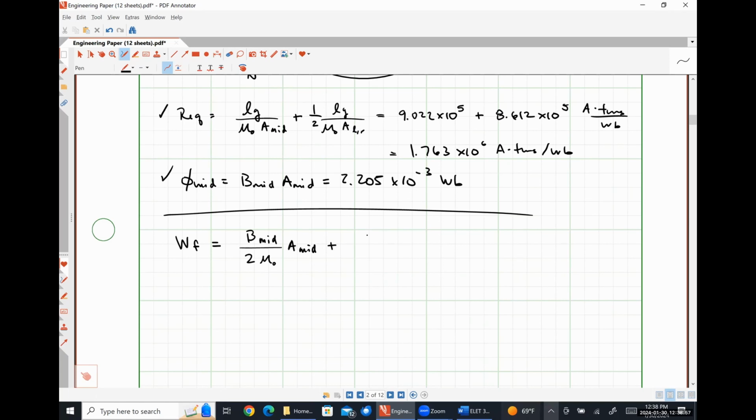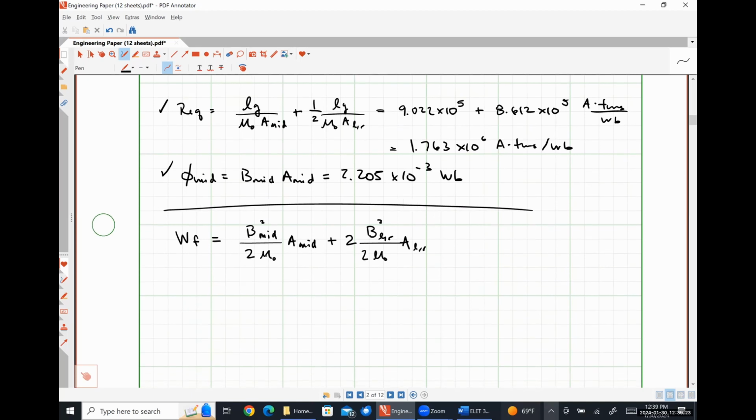And then we're going to have B left and right divided by twice mu naught times the area of the left and right air gap. So that's the contribution of one of them. But because there are two of them, I need to put a factor of 2 out here. And actually these magnetic fields are supposed to be squared. So we know B mid, we know mu naught, we know our areas. We don't know B left and right. So how are we going to figure that out?